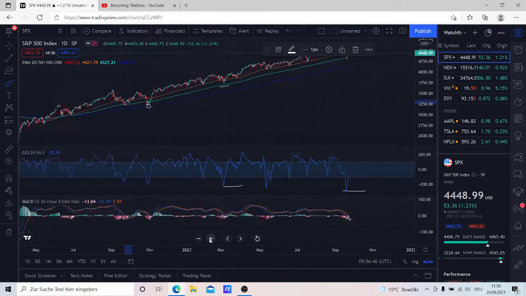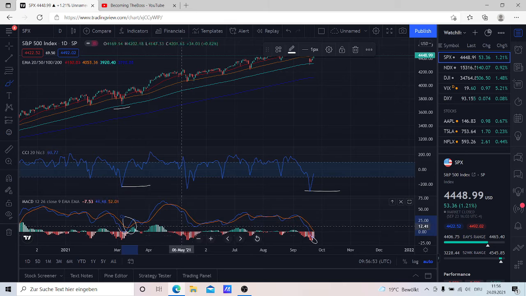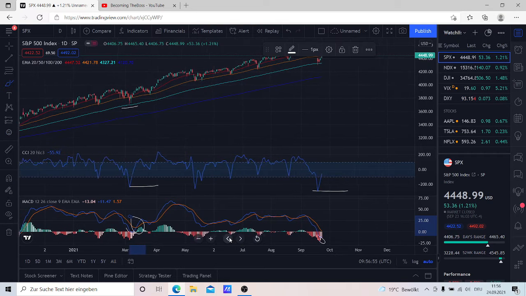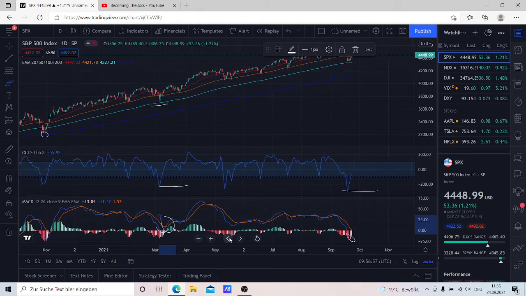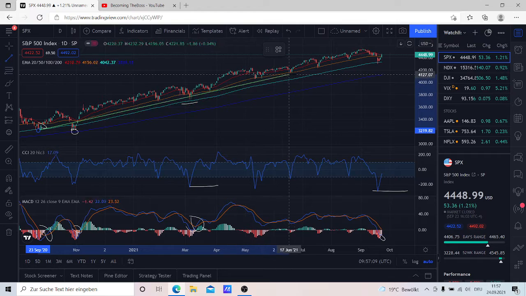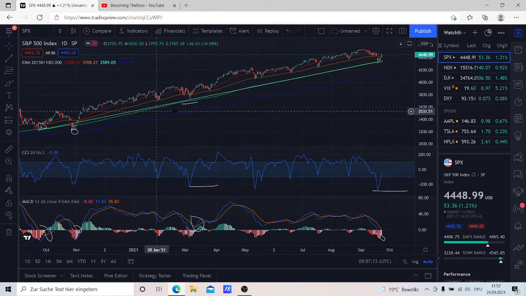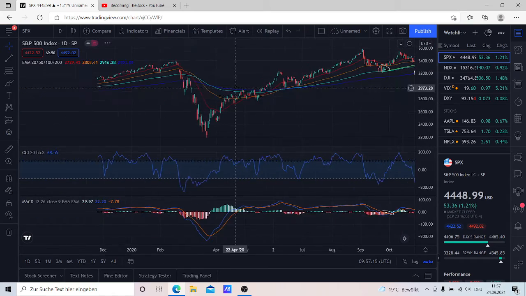But at the same time, if we manage to see a crossover here looking at the MACD, as we did here back in November last year and October, after retesting the 100 EMA levels, which would be here and here, we suddenly saw a rally to the upside, which could mean that we will continue this trend.